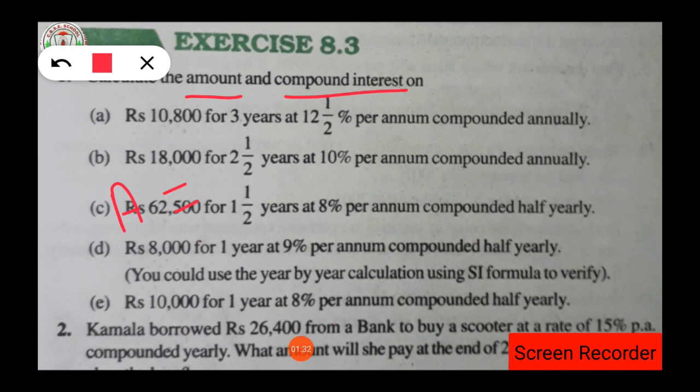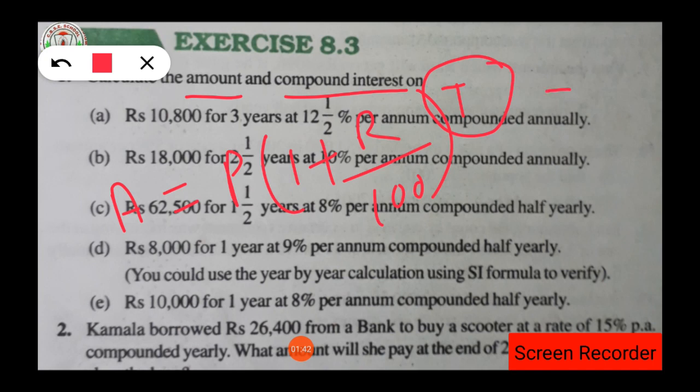The formula is A = P(1 + R/100)^T, where in place of T we can also write N. N is the time only. We can write T or N, both are the same. By the help of this formula we can easily find the amount, where A is the amount, P is the principal, R is the rate and T is the time.